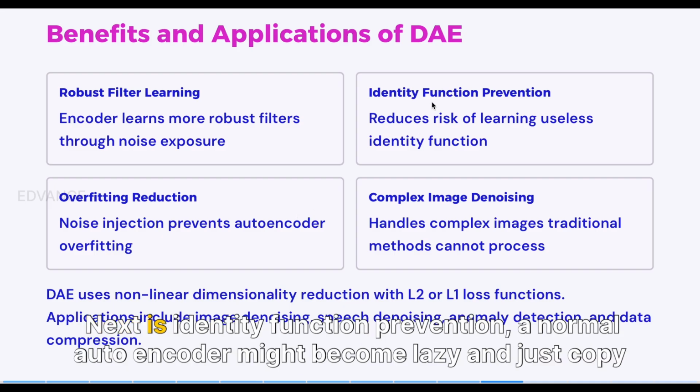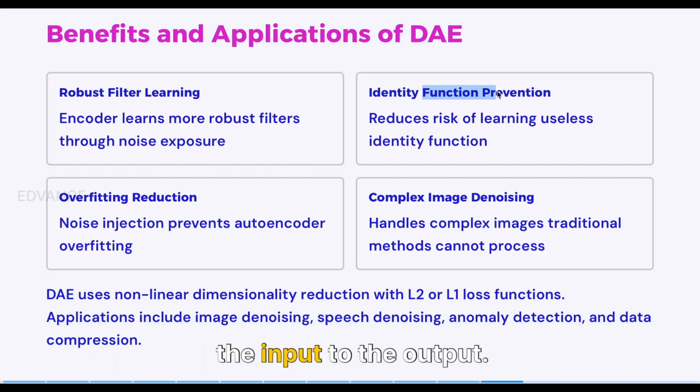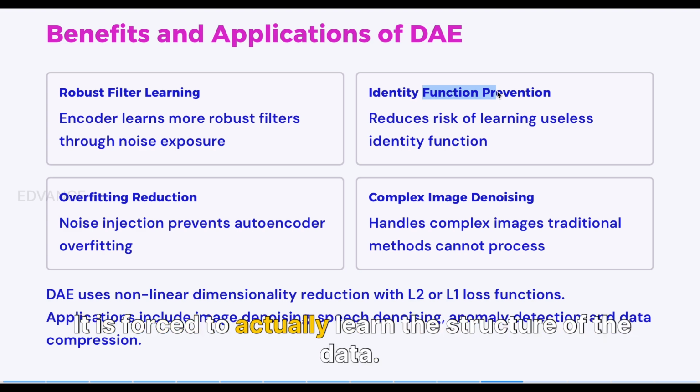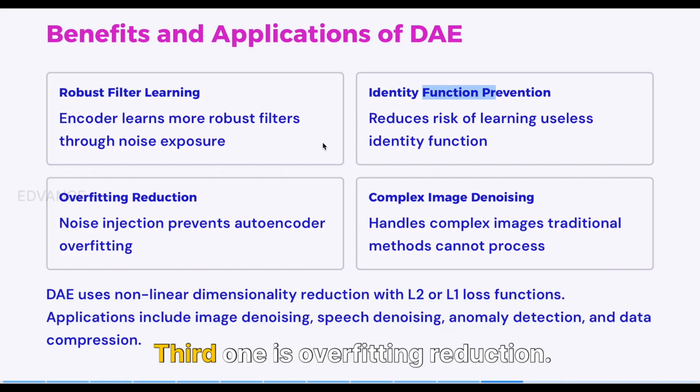Next is identity function prevention. A normal autoencoder might become lazy and just copy the input to the output. That's not useful. But when we add noise, the model cannot simply copy, it is forced to actually learn the structure of the data. Third one is overfitting reduction.